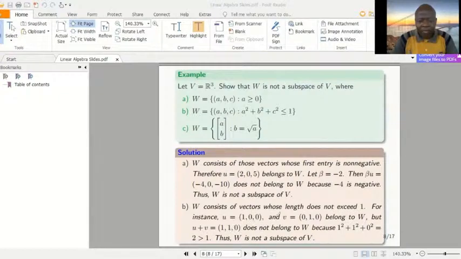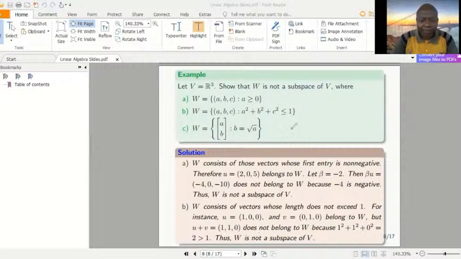But what about the sum of these 2 vectors? It would be 1, 1, 0. But this sum does not belong to W, because if I take 1 square plus 1 square plus 0 square, I would get 2, which is greater than 1. Therefore, this property is not satisfied, which means W is not a subspace.